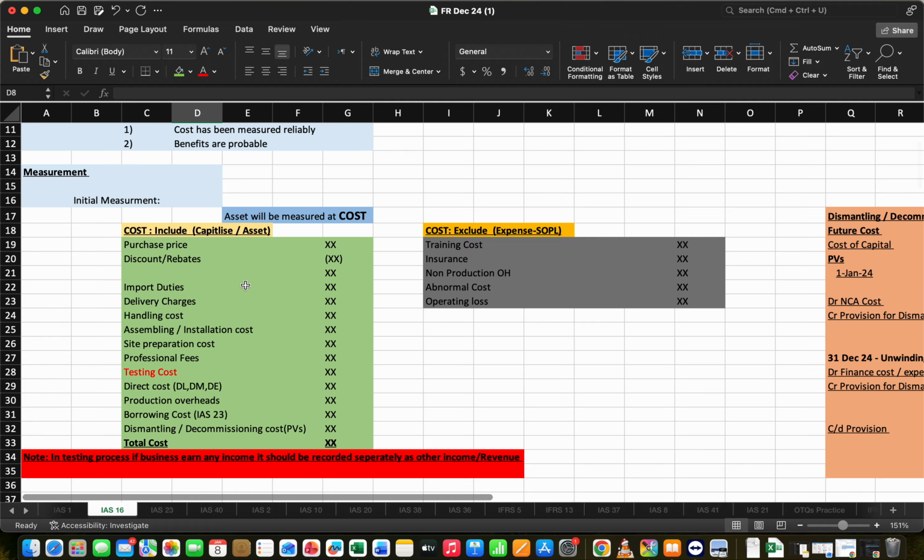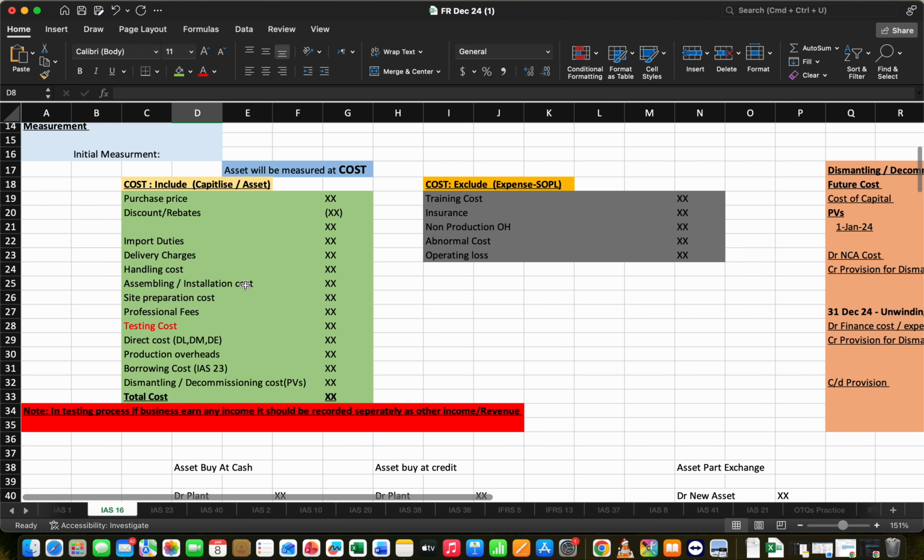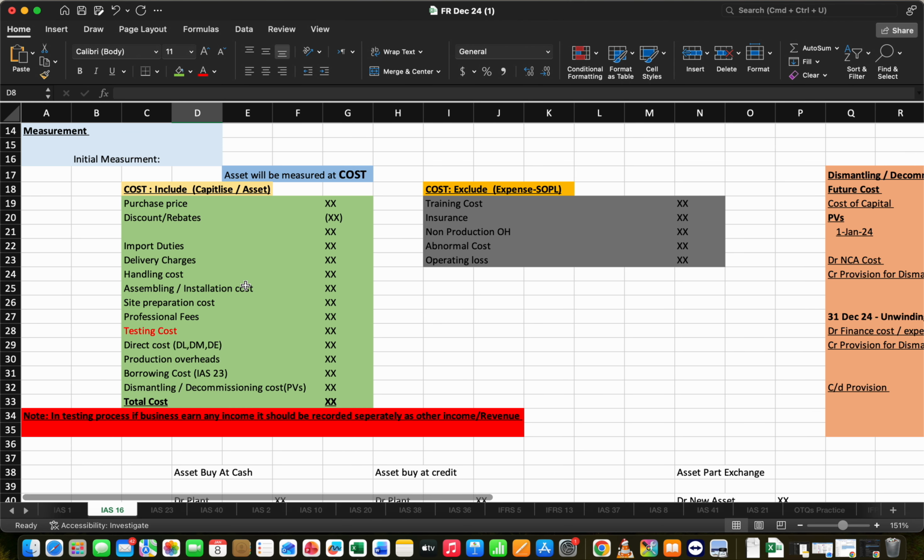What type of costs are we going to capitalize: purchase price, less discounts and rebates, then import duties, delivery charges, handling cost, assembly or installation cost, site preparation cost, professional fees, testing cost, direct cost, that is direct labor, direct material, and direct expense, production overheads, borrowing cost under IAS 23, and dismantling or decommissioning cost.